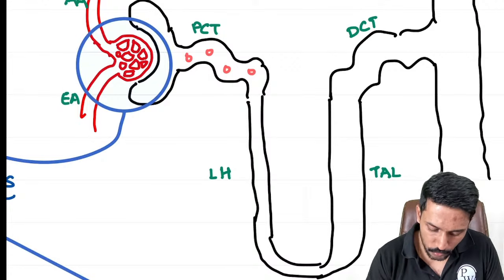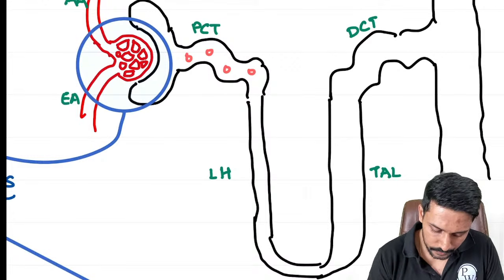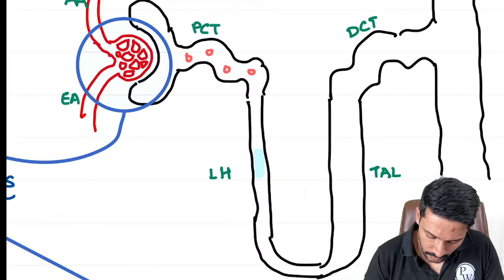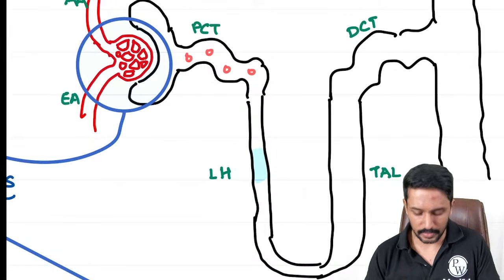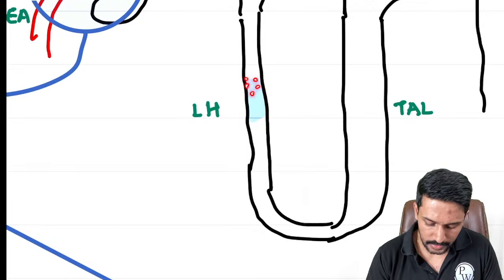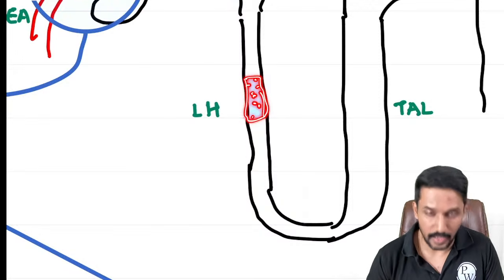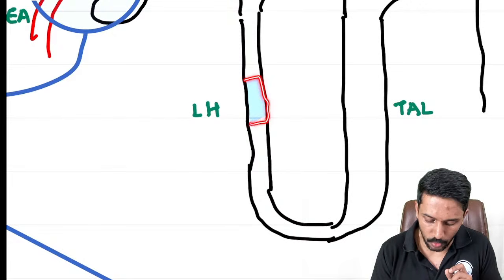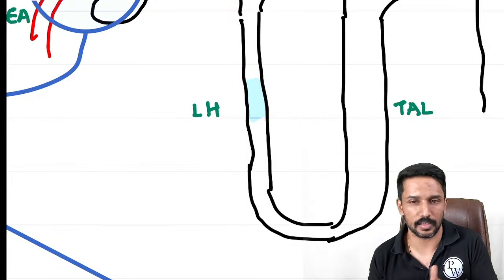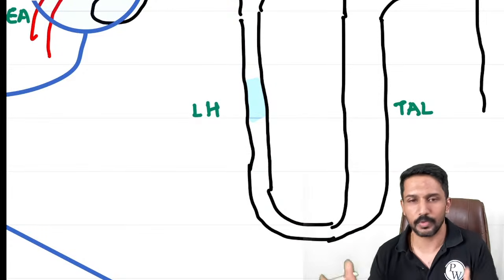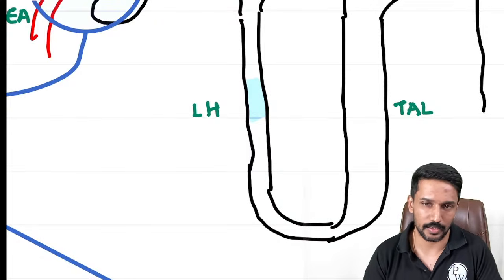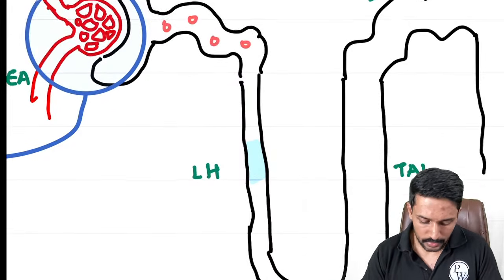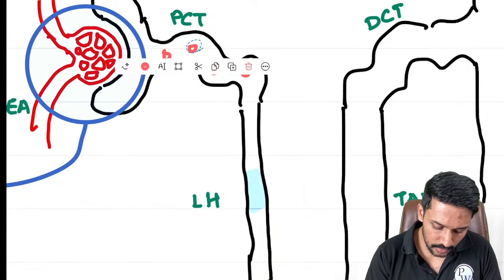It settles in the tubules and forms an aggregate, and that Tamm-Horsfall aggregate is called a cast. This cast, formed by normal Tamm-Horsfall protein, is called a hyaline cast, which is normal. In my urine, or anybody's urine, you may end up seeing some hyaline cast, which are formed of Tamm-Horsfall proteins.